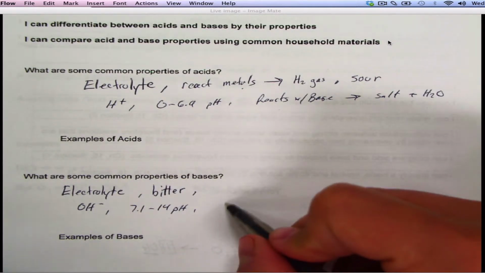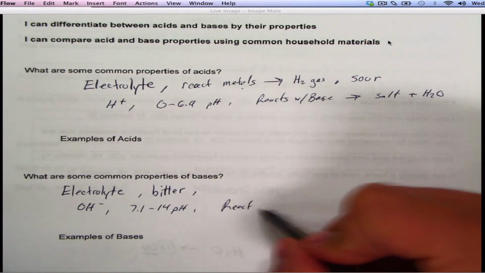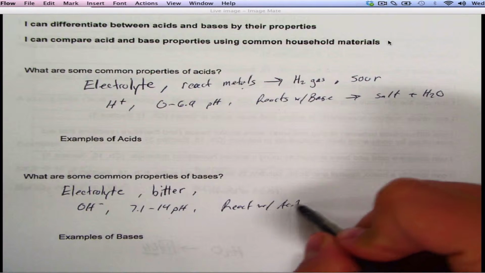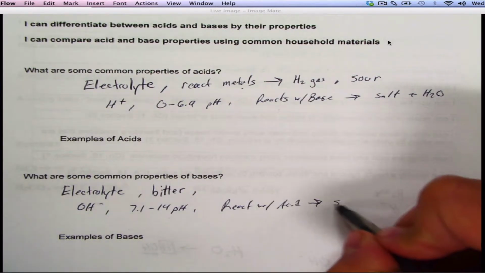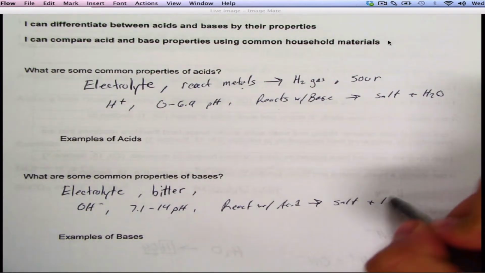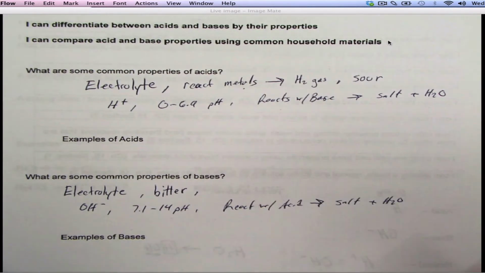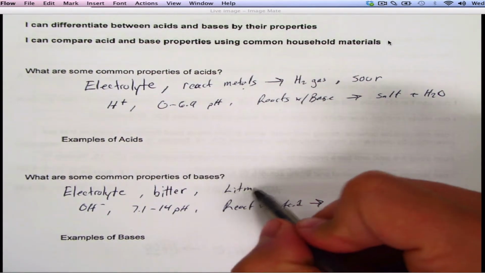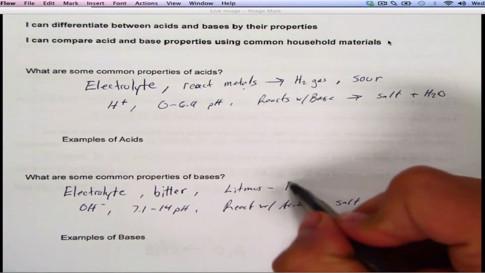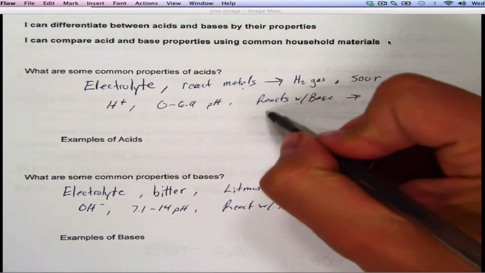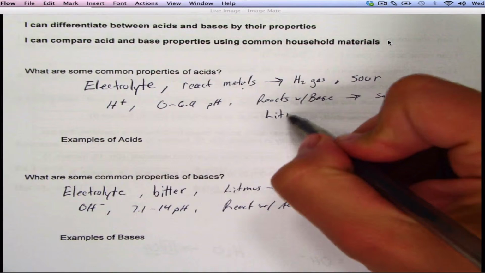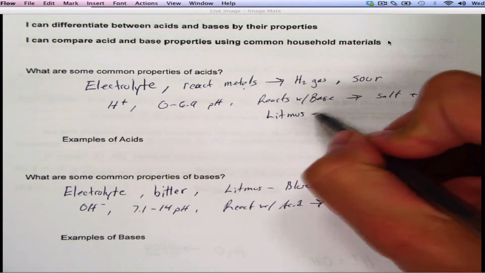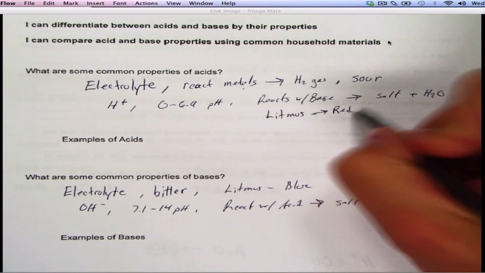And a base will react with an acid to form some type of salt and water. Litmus paper is a common test. Bases will turn litmus paper blue, and acids will turn litmus paper red.